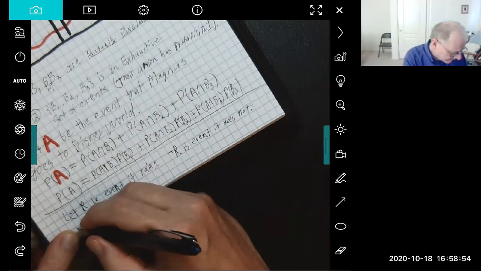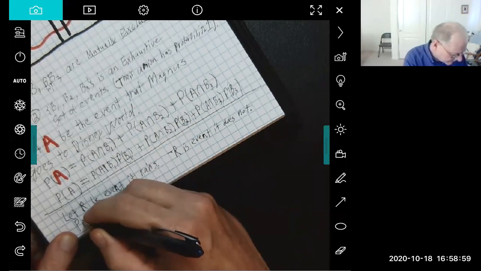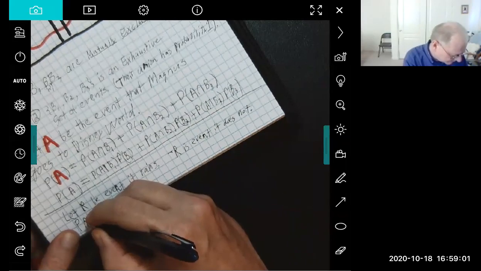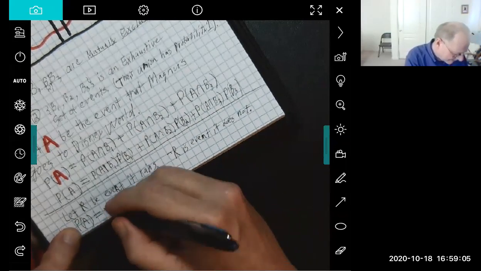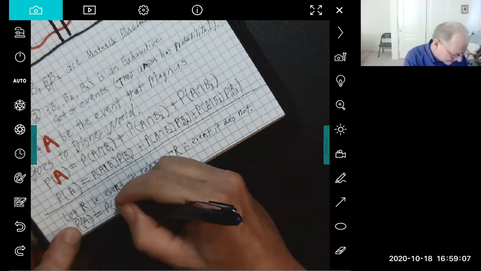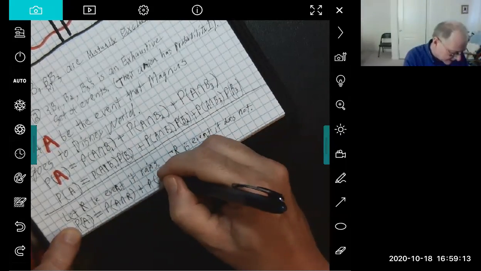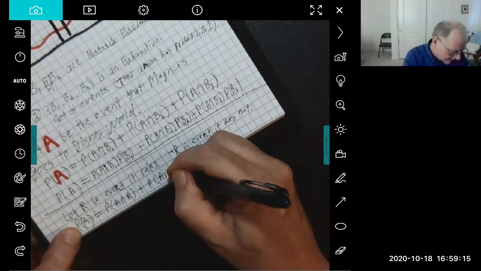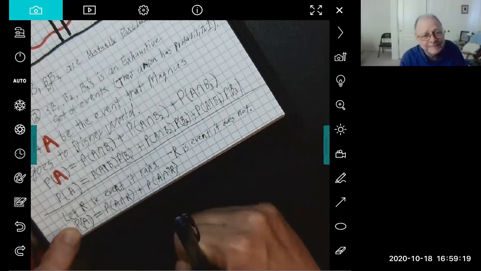And so now what's the probability that you go to Disney World? It's the probability you go to Disney World and it rains, plus the probability you go to Disney World and it does not rain.